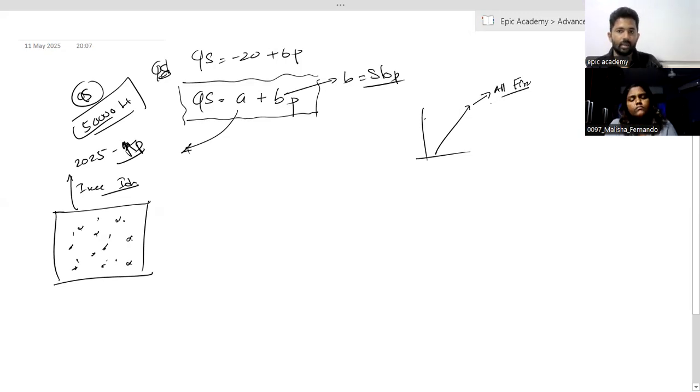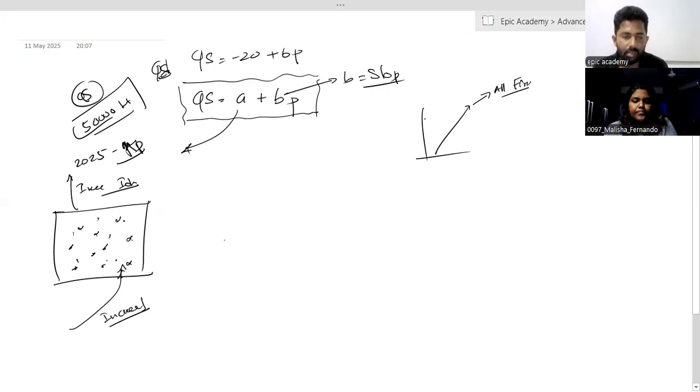Now you can identify in that scenario, additional firms came in. Then what will happen to the supply amount? It must increase.